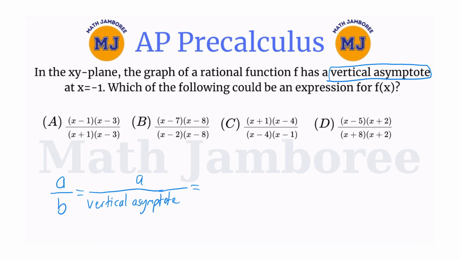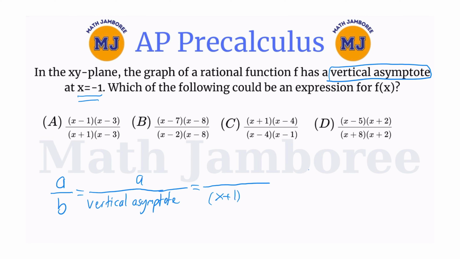And in this question, they indicated that we have an asymptote at x equals -1. So we must have an expression in the denominator that, when you solve it for x by making it equal to 0, gives you -1. That is x plus 1.